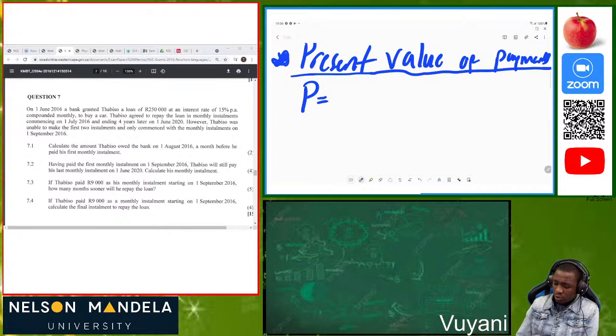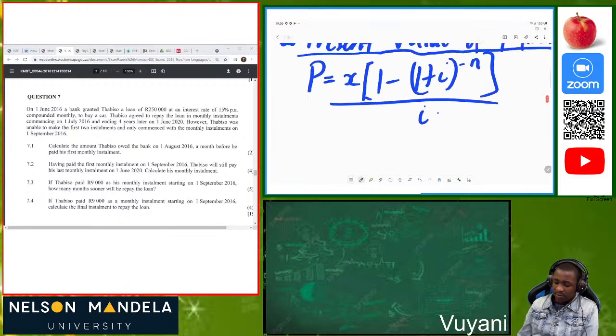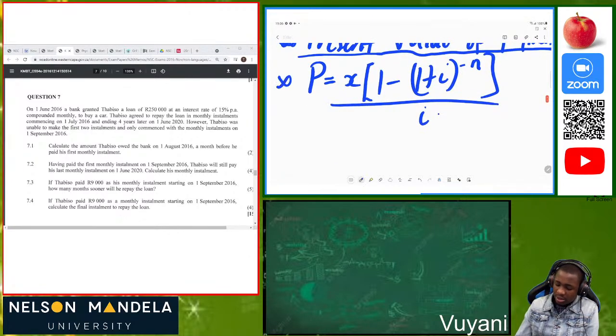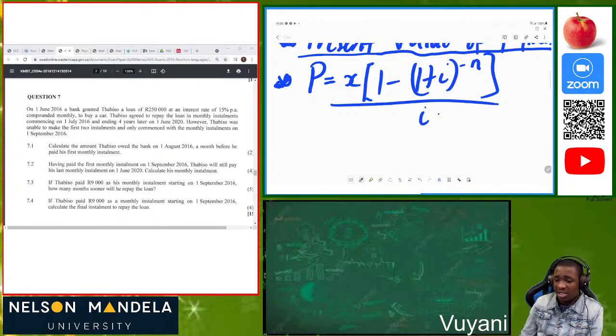P is equal to x times (1 minus (1 plus i) to the power of negative n), all divided by i. The formula doesn't change. It's always like this. So anyway, when you hear anything about a loan, use this equation.